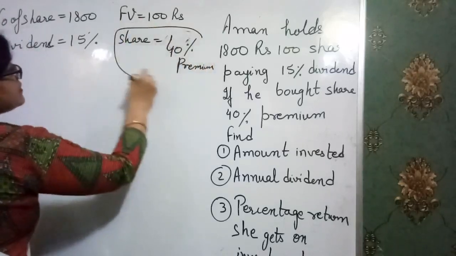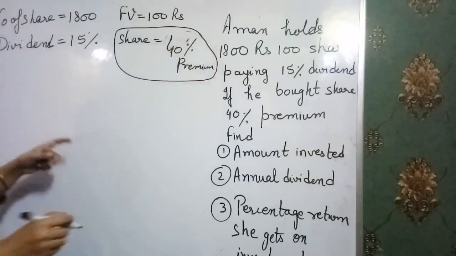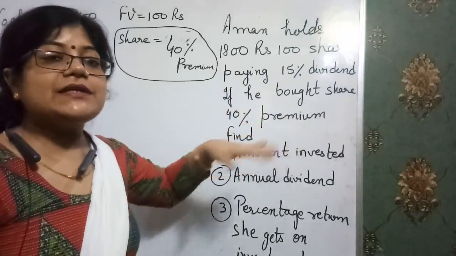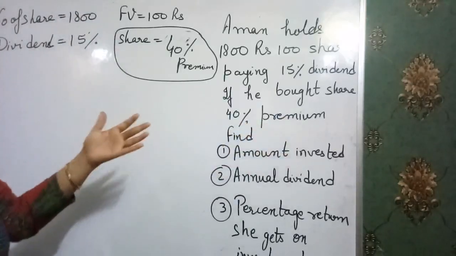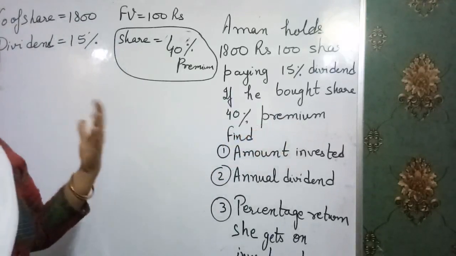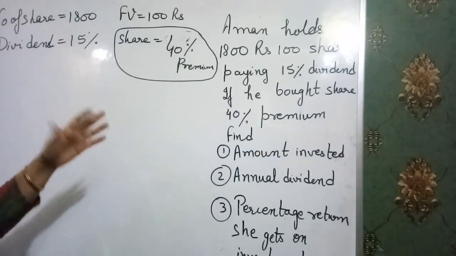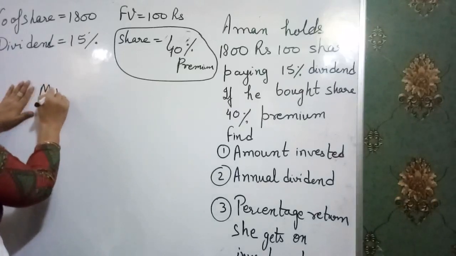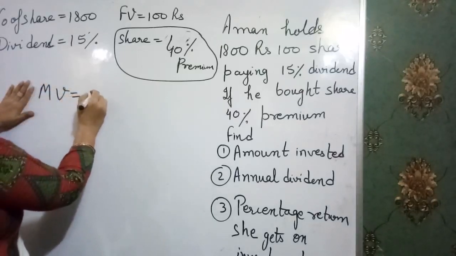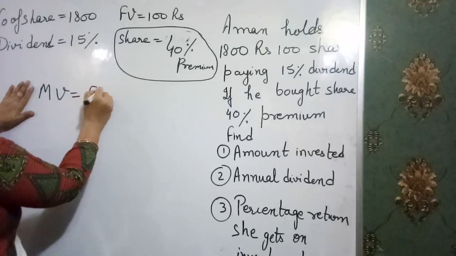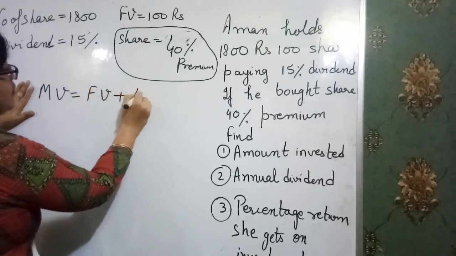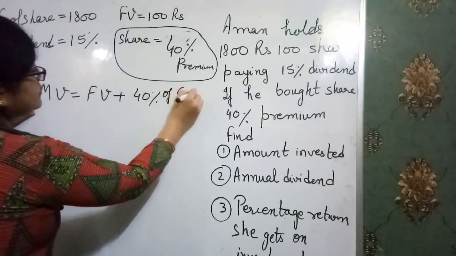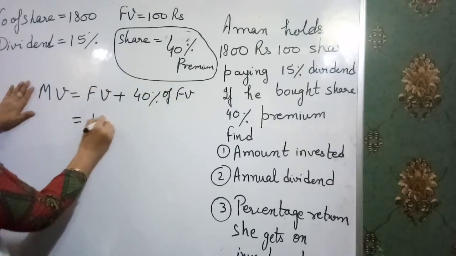What is this? Whenever we have the term premium, it means the share we buy from the market has a value higher than the face value. That means we find the market value by face value plus 40% of the face value. And what is the face value? 100.